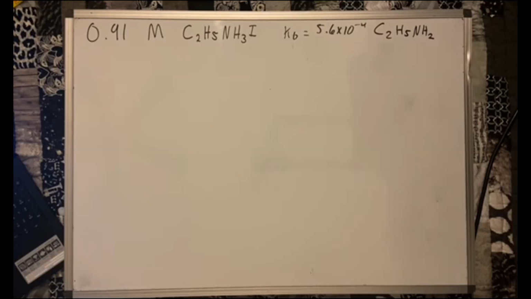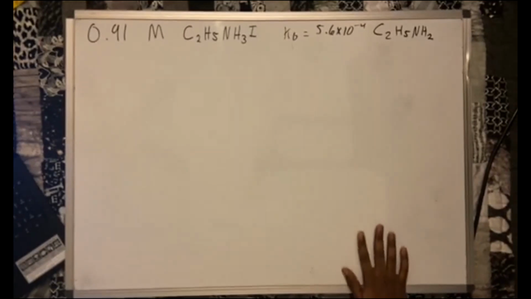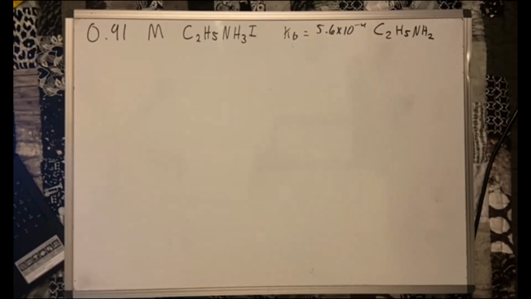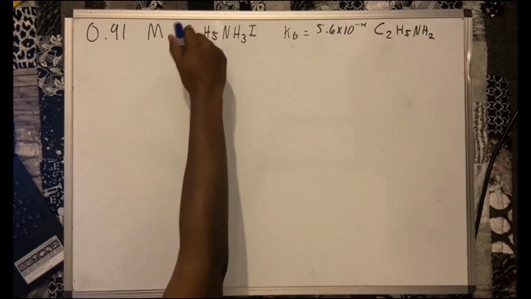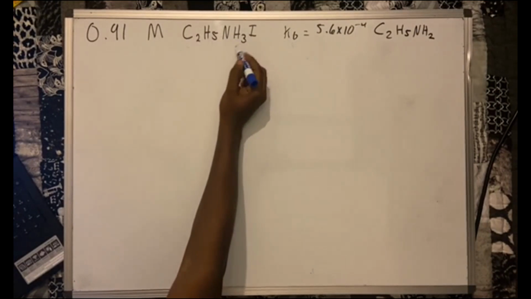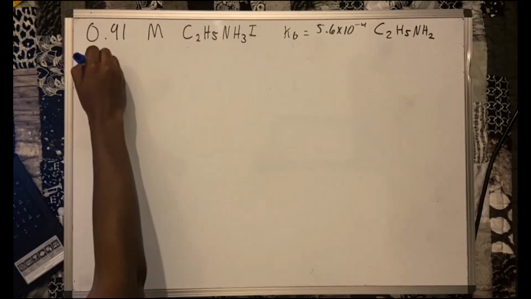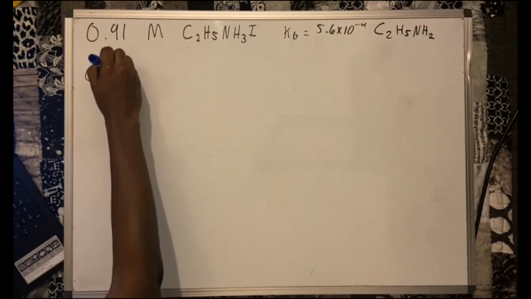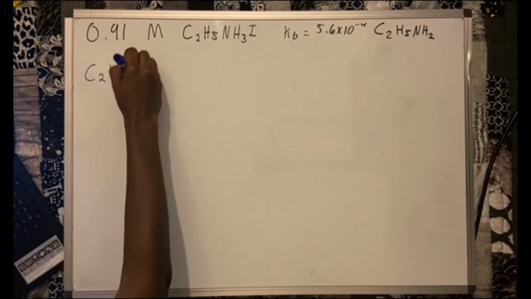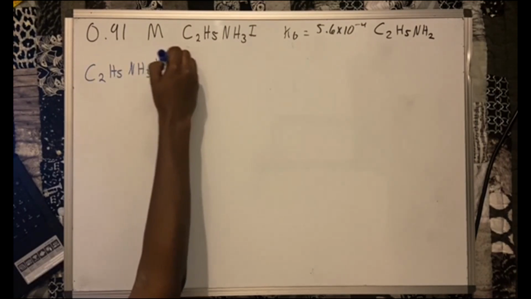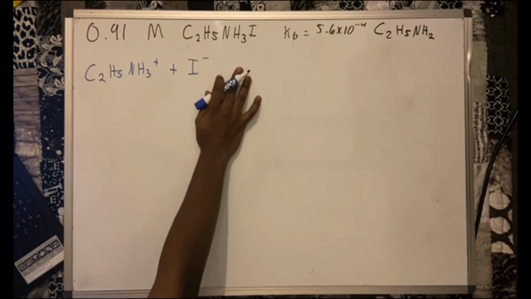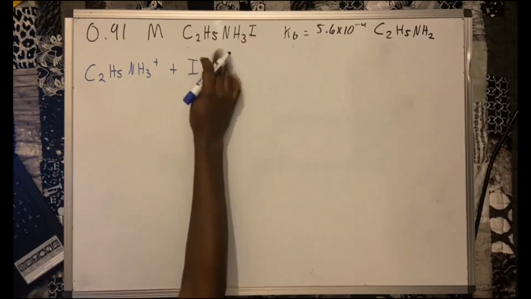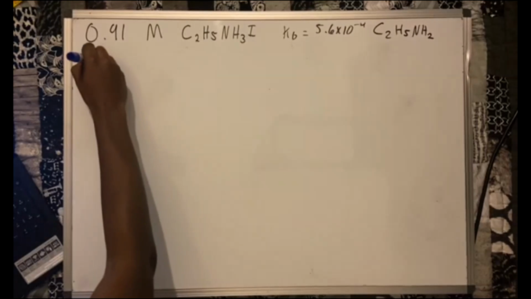Right, so there's our KB. Come on, camera, thank you. So one thing we have to notice is that this is a salt. It would break up into C2H5NH3 plus and I minus if we put it in water.